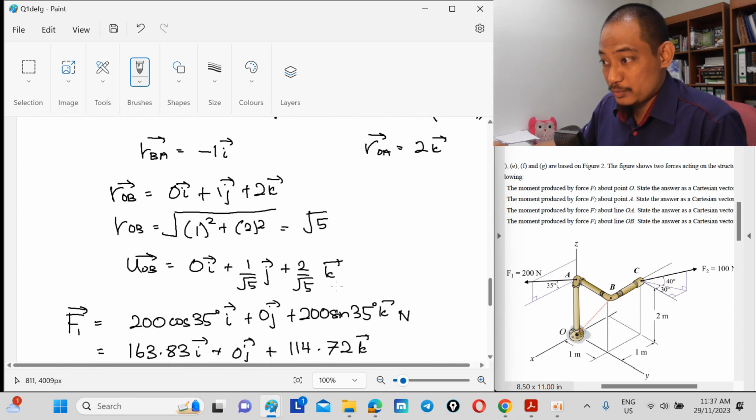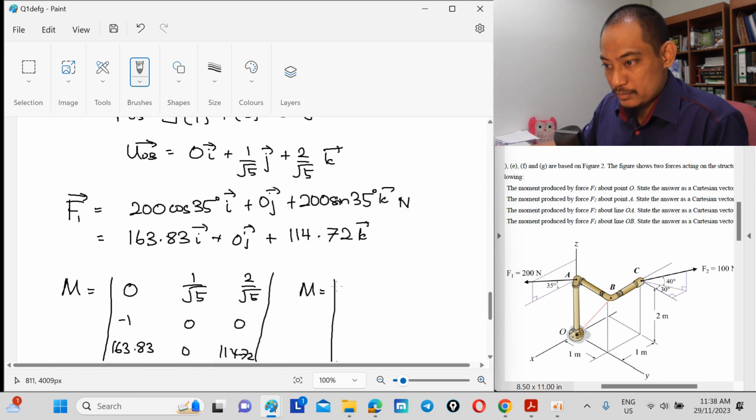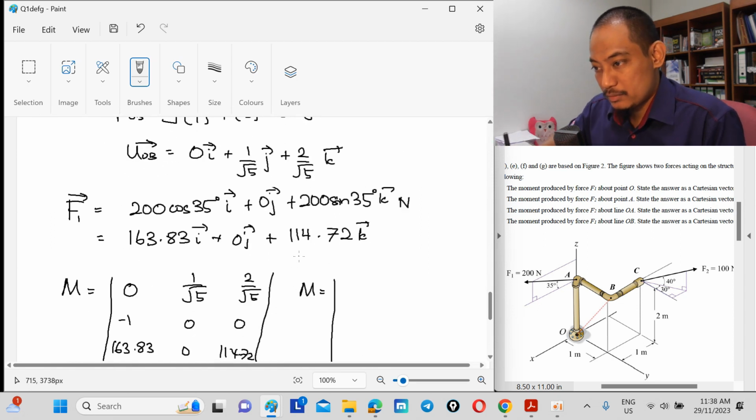Right, so the unit vector is 0, 1 over square root of 5, 2 over square root of 5.